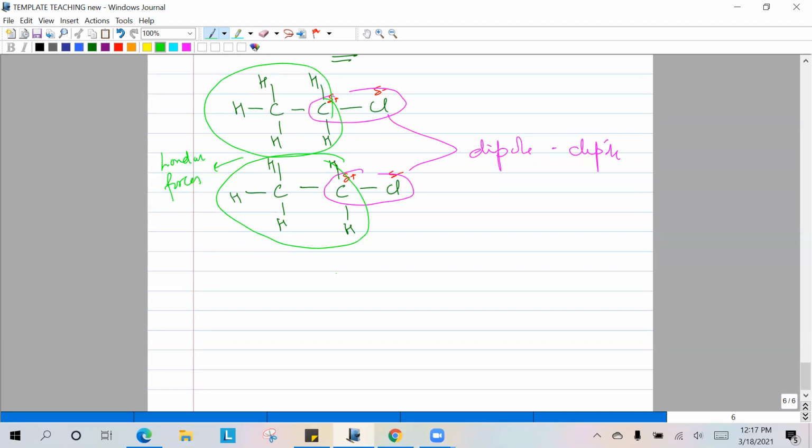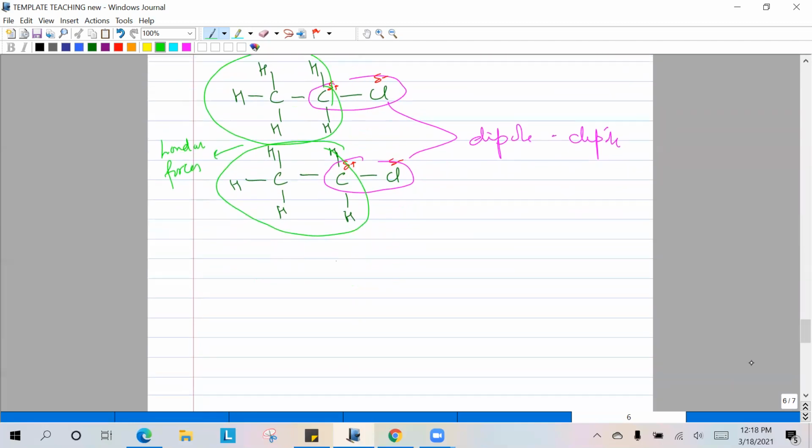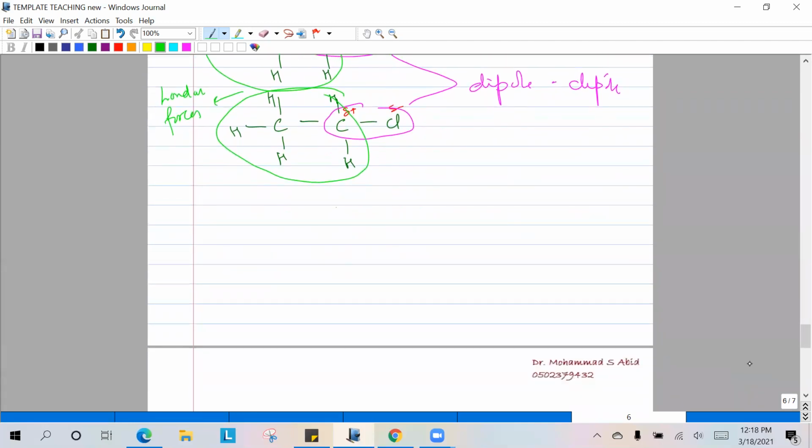So that is what we need to remember: in haloalkanes, these are the types of intermolecular forces that exist between the molecules, because we are talking about the boiling points.